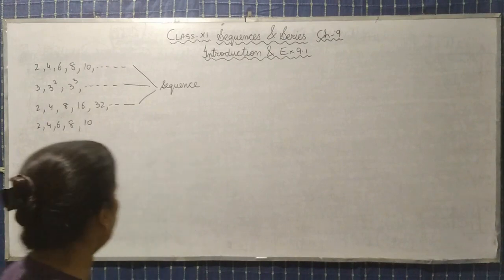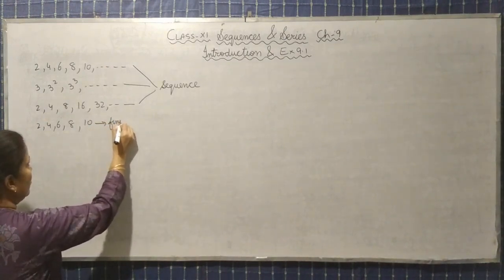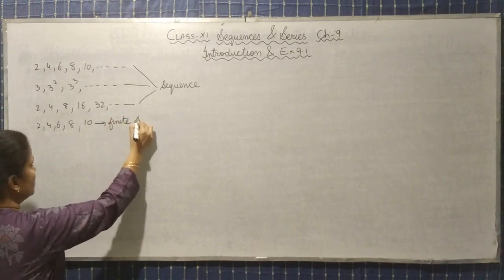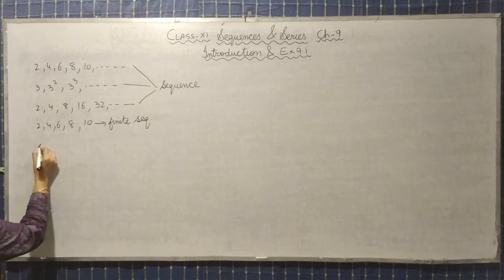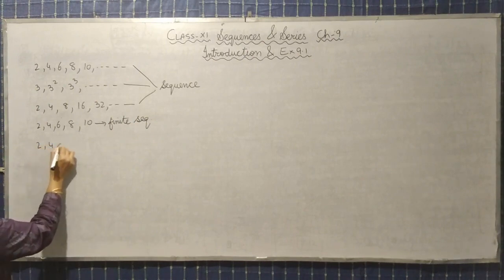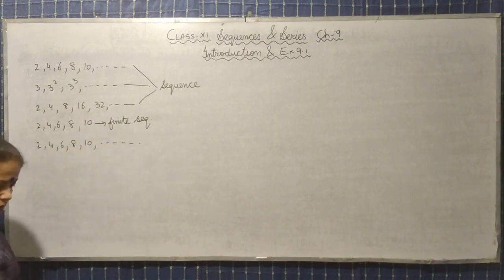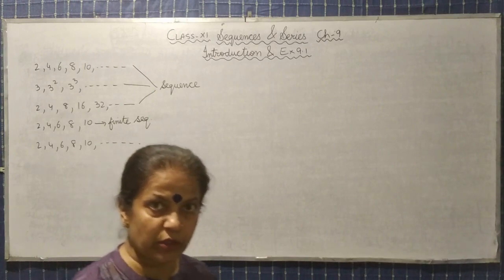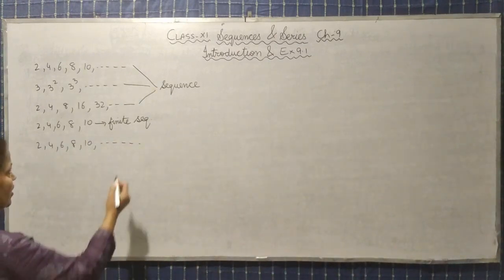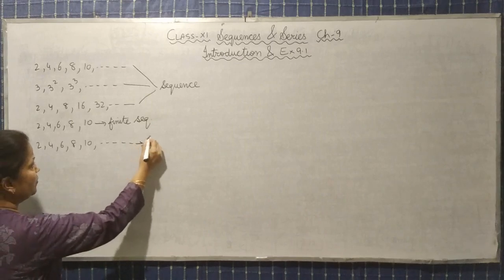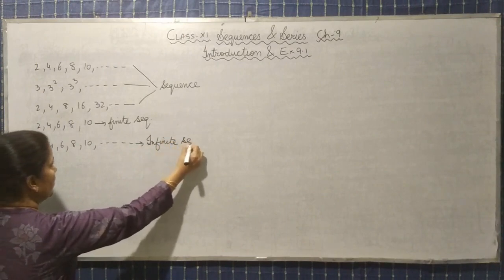So this type of sequence is called a finite sequence. And if we take a sequence like this, it goes on, then we can't count it. So this type of sequence is called an infinite sequence.